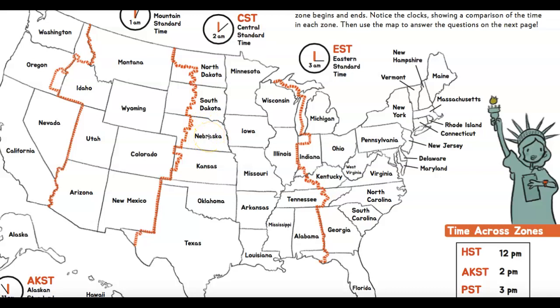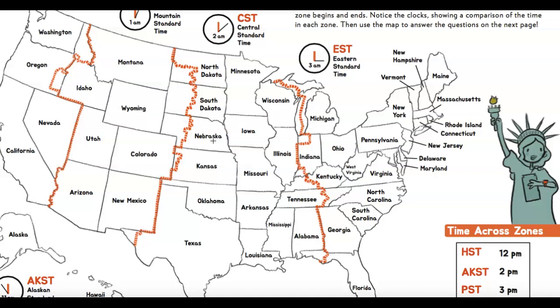When the sun goes down in New York at 5:20, we have to go back. We're just going back 1. So if it's 5:20 in New York, minus 1, that's what it is in Nebraska.